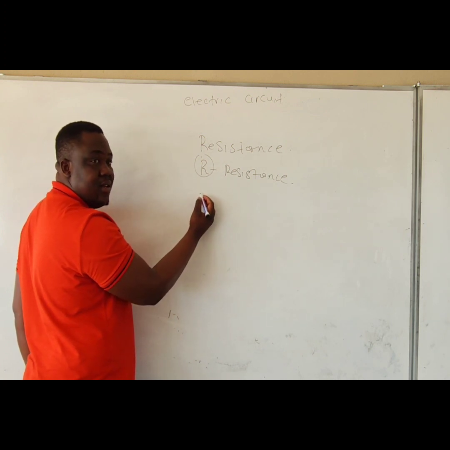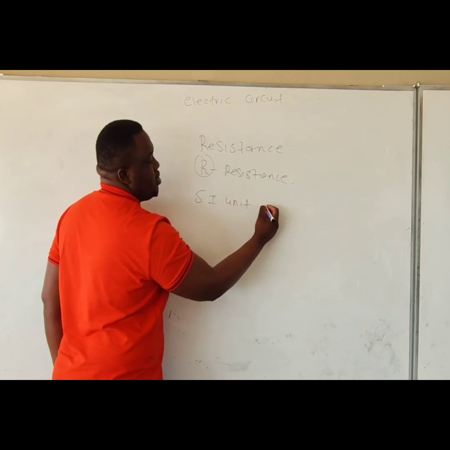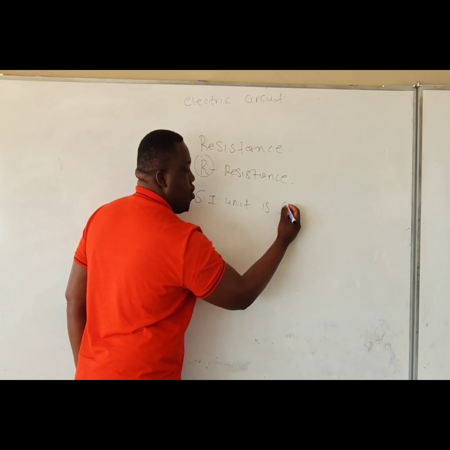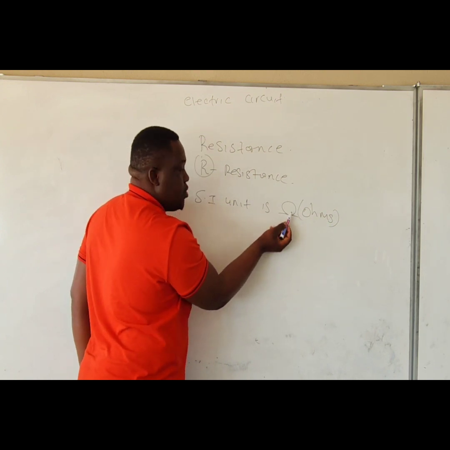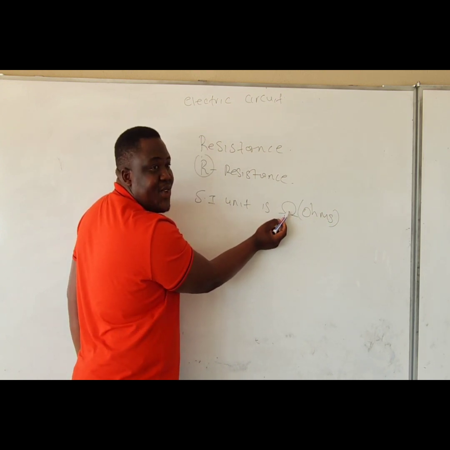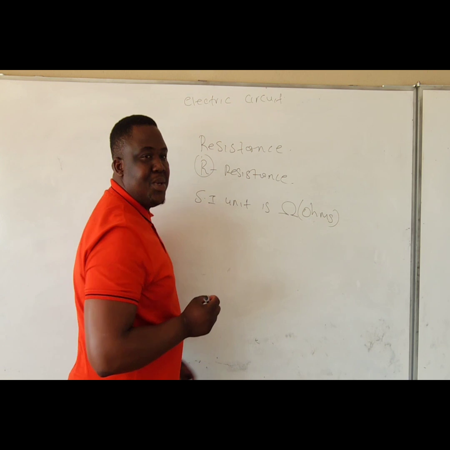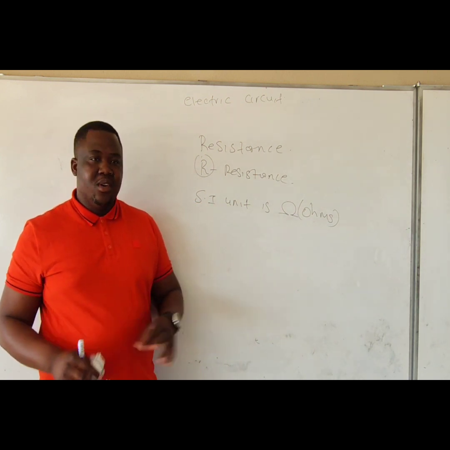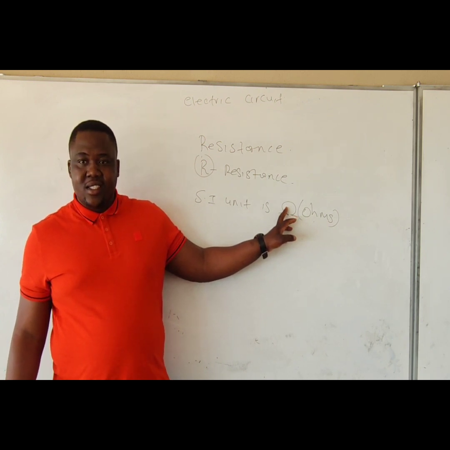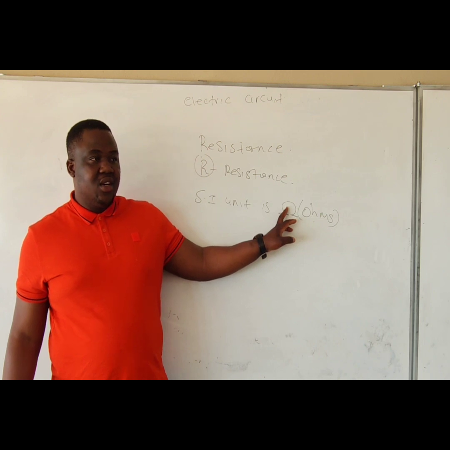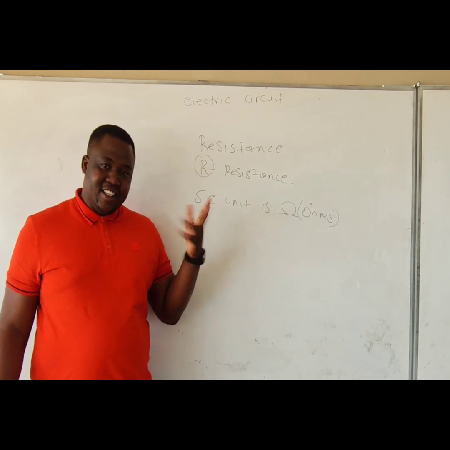Then the second thing about resistance is that the SI unit is called ohms. If you have an Omega radio, an Omega brand at home, you'll see something like this, ohms. It's a symbol which is a bit difficult to write by hand. It's this special symbol which represents ohms. It looks like a drawing of a head, like the head of the Undertaker.